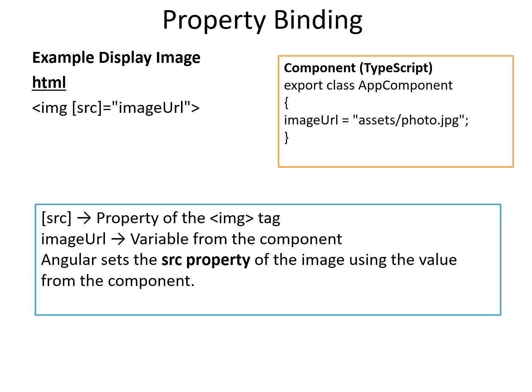The value for imageURL will come from the component file, where a class definition contains a variable called imageURL, which contains the path for the actual image. This path comes from the component to the HTML file. If you change the path in the component or logic file, the image will automatically change. This is called property binding.